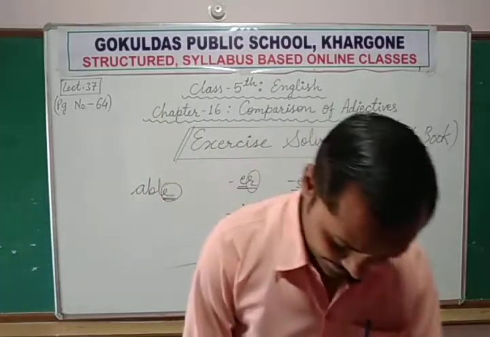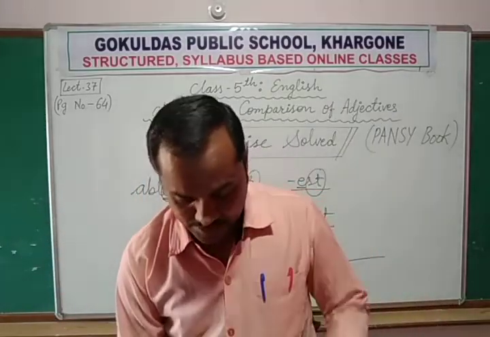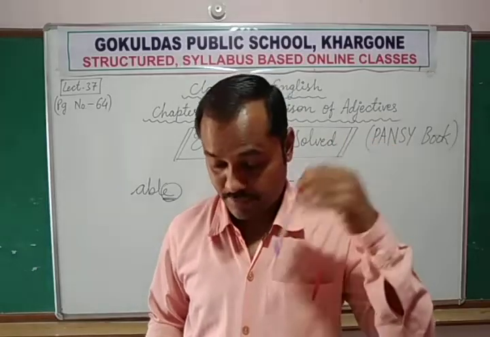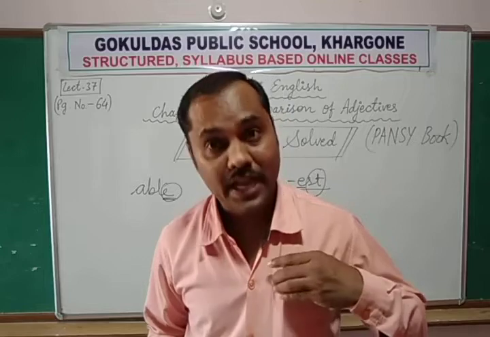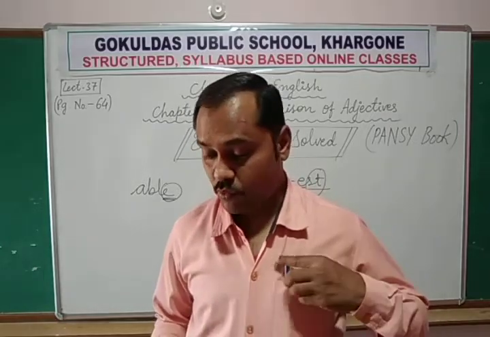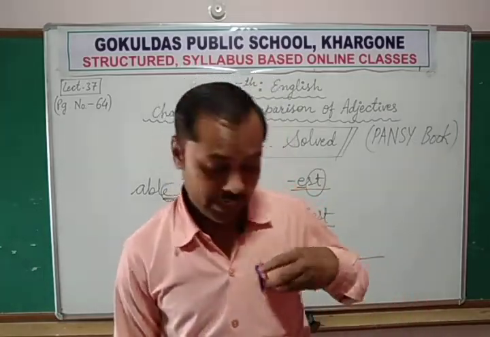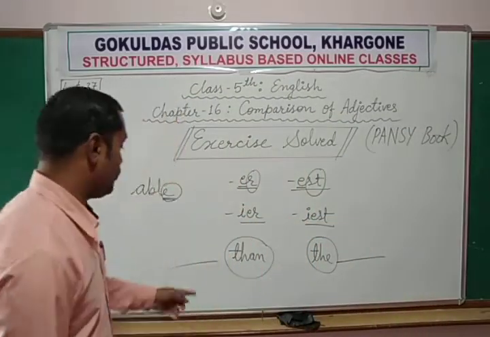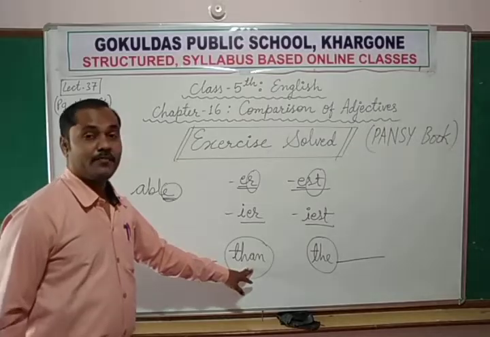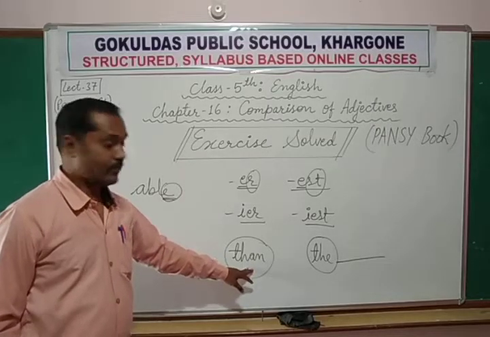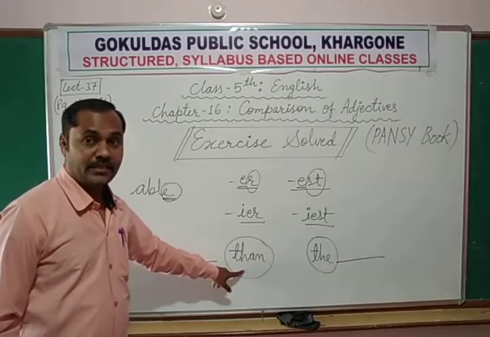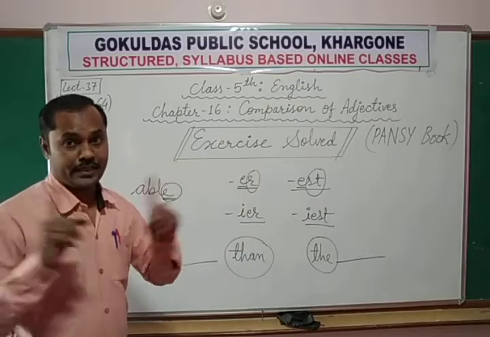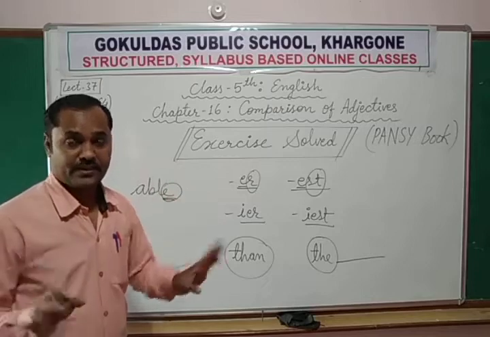Now let's see. The first sentence is: the pen is blank, than the sword. Now again I am going to explain, because most of the students make the same mistake. Than is used to compare two things, two persons, two places, two nouns.